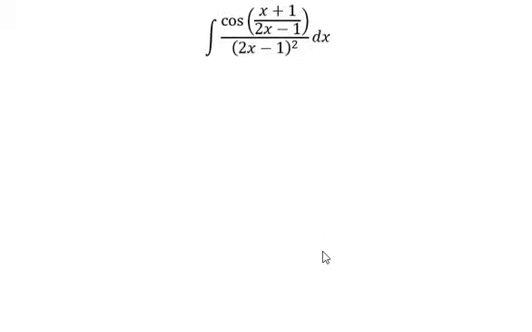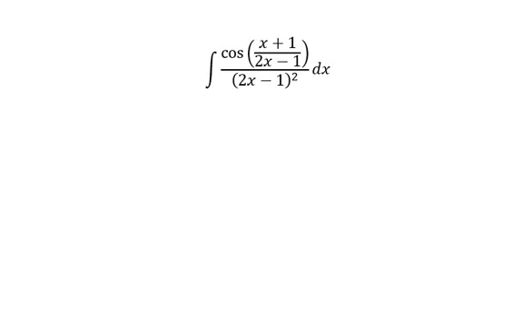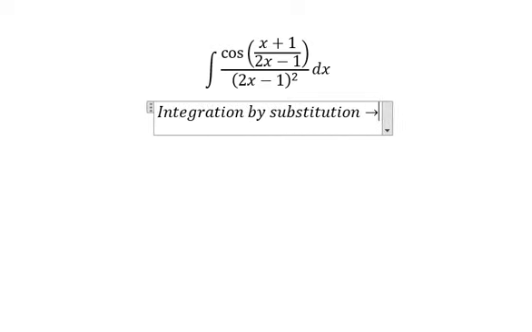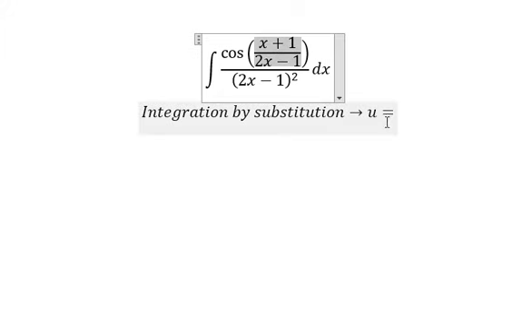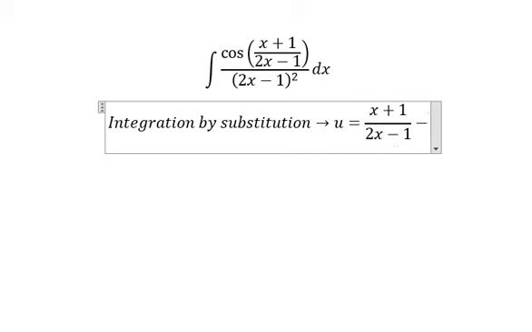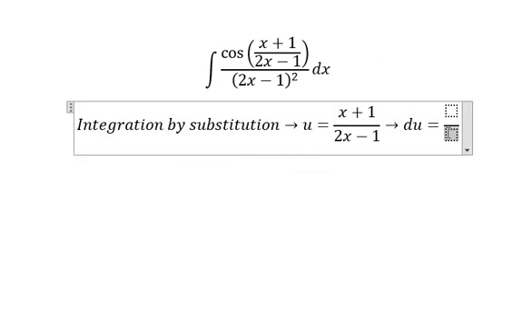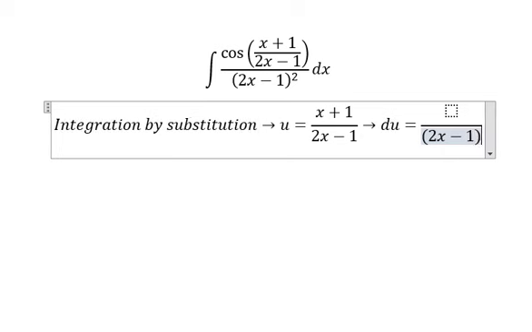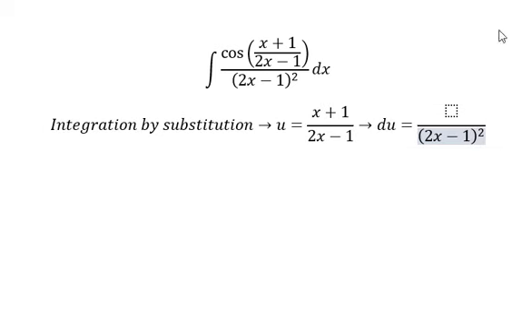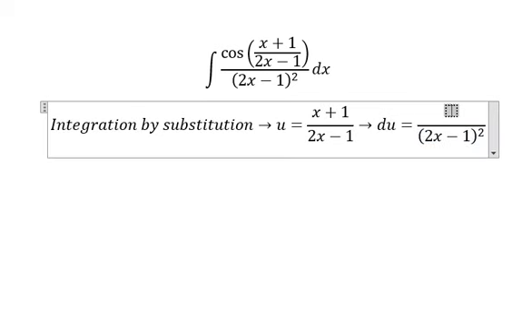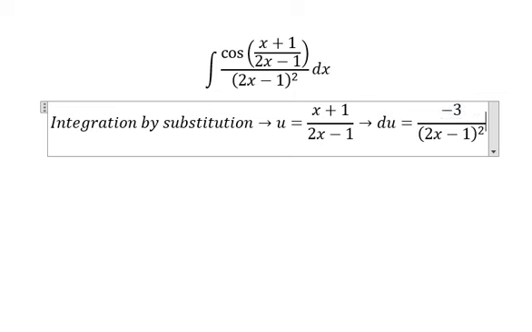Now let's go to the next one. We need to use integration by substitution. So I will put u equals this one. So if we do first derivative for both sides, you will get 2x minus 1 to the power of 2, negative number 3 in here, and we have dx.